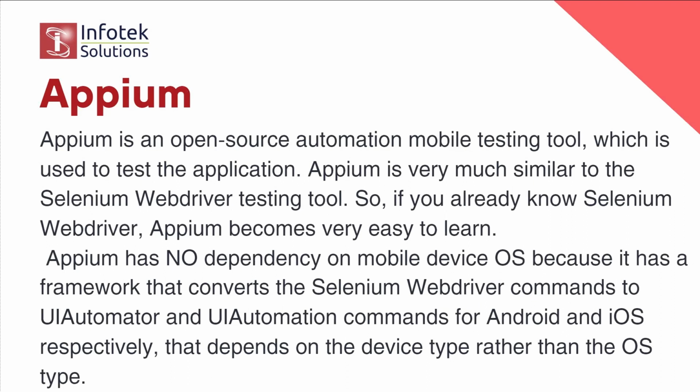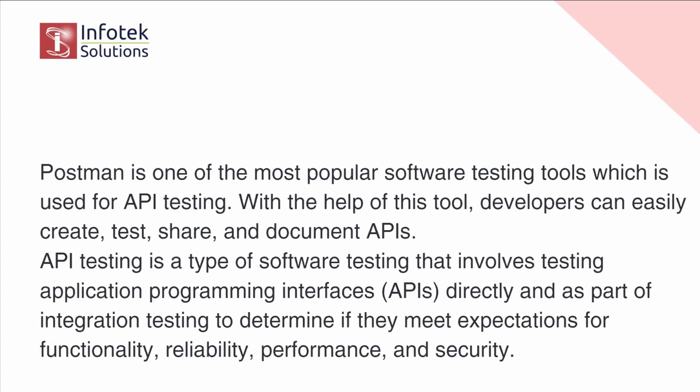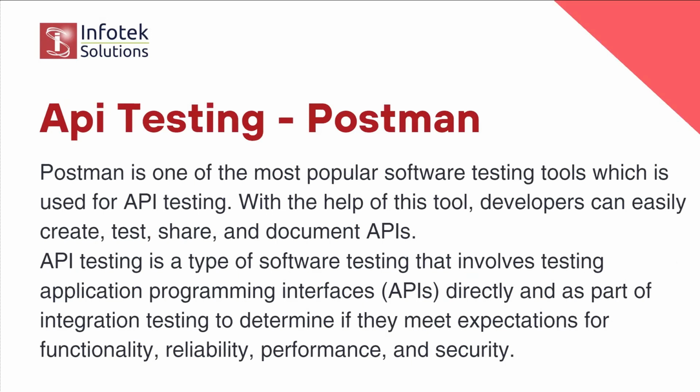Now comes the next one, that is API testing. Postman is basically a platform for API testing. If you want to perform API testing, and you ask what an API is, it's an application programming interface where you pass the data in the form of API links.